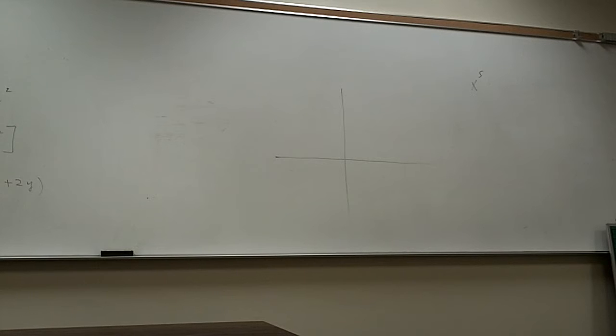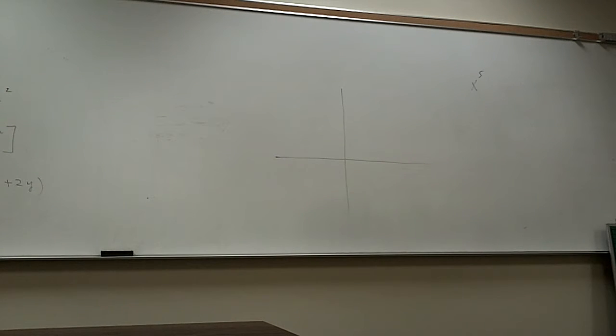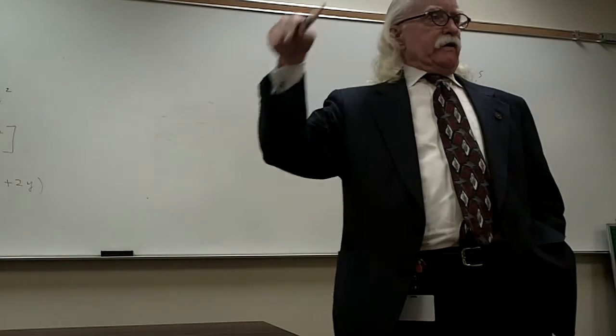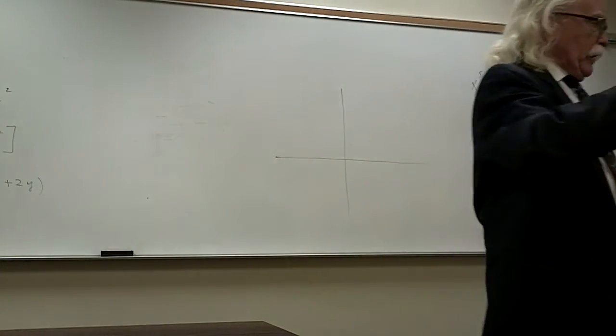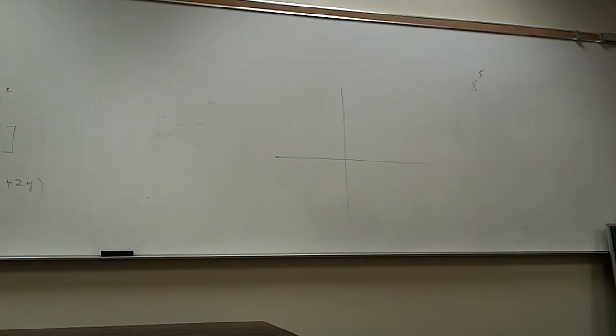Who remembers, if you've taken a class here, what can you say when you're looking at an equation and you look at the exponents and you also look at the leading coefficient? What can you tell me about something called the endpoint behavior of any polynomial equation, which that is? What can you tell me about the endpoint behavior?